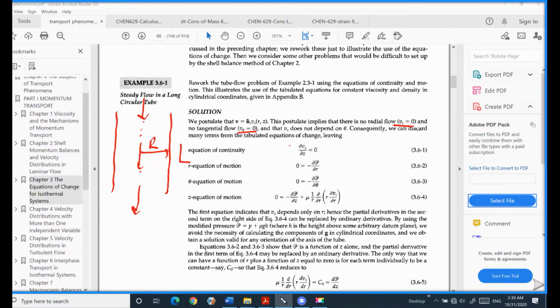Now, first we start with the equation of continuity for this problem.